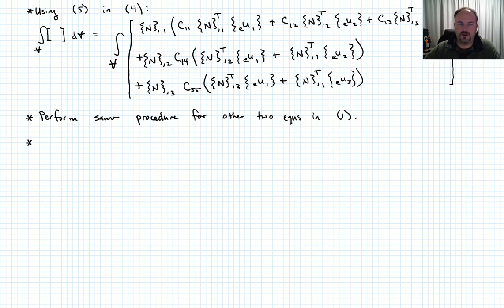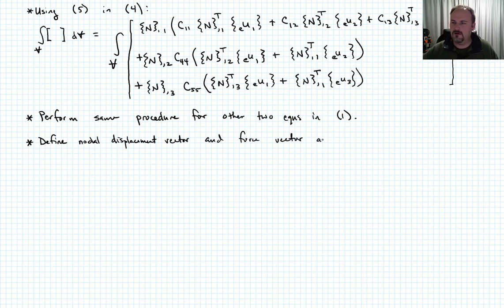Well, we're going to define the nodal displacement vector as follows, and the force vector, let's say. We're going to say that the nodal displacement, which can be a function of time, and I'll put E for element. Now you'll notice I don't have a subscript on it. That's going to be equal to the following vector.